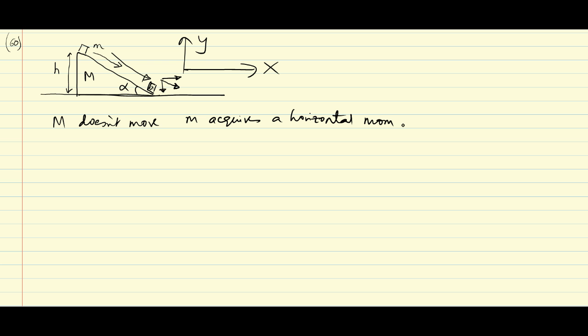It acquires a horizontal momentum in the rightward direction, and therefore we may conclude that in order to counter this momentum, remember the initial x momentum, that is initial value of px for the system, is equal to 0 because nothing is moving, and now all of a sudden you see that there is a momentum in the rightward direction. So to counter this, capital M has to acquire a velocity in the leftward direction.